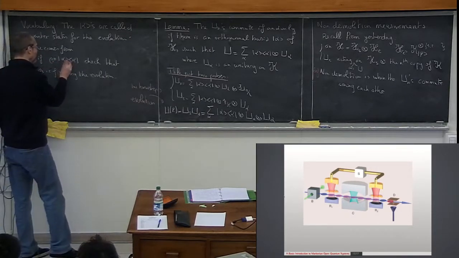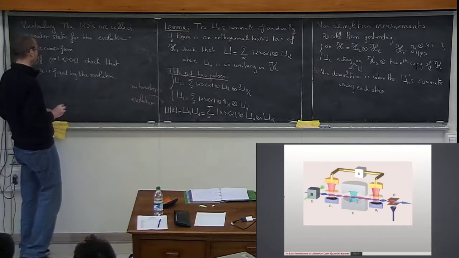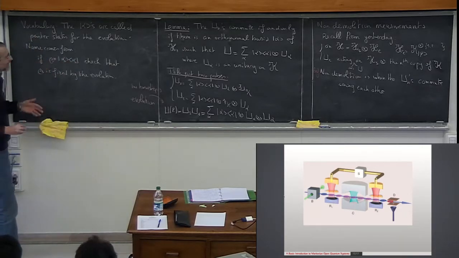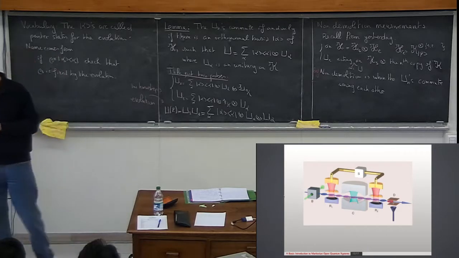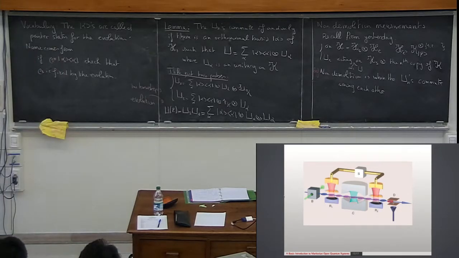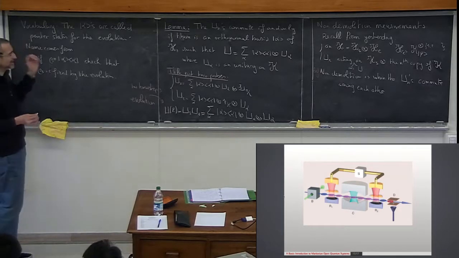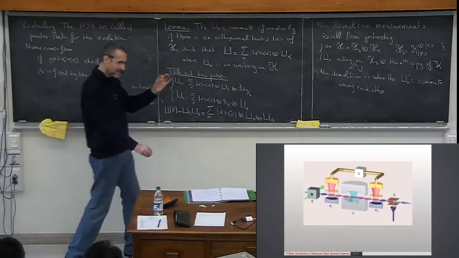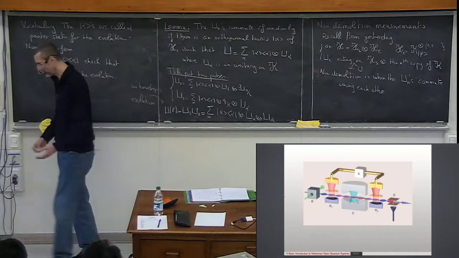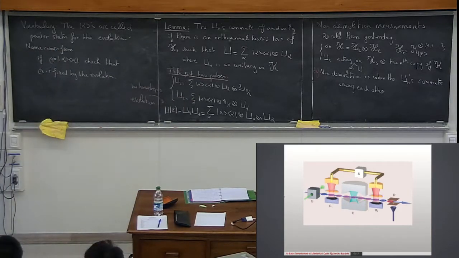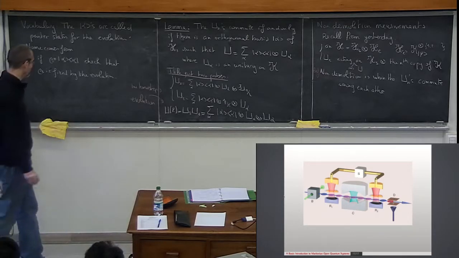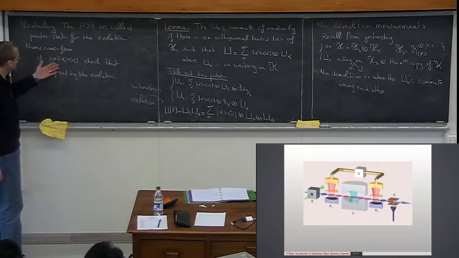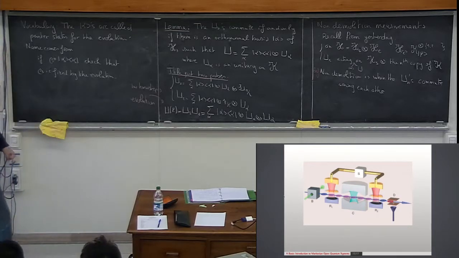Maybe I should call it alpha 0. I choose one special pointer state, I start in it, and it's fixed by the evolution. And in that sense, this is called non-demolition in the basis alpha, in the pointer states basis, because if I start in this, whatever I do, even if there is a tendency to scramble everything with the unitary evolution and the partial trace, for these special states, they are not scrambled, they remain what they are forever. Okay.